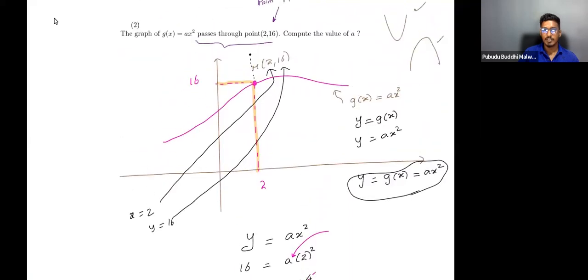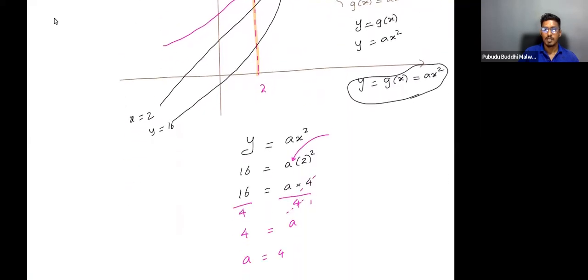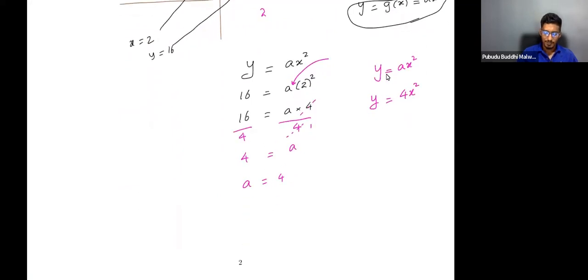Now that's the function y equals ax squared, but we found the value of a, which is 4. Therefore, y equals 4x squared. That's the exact function.